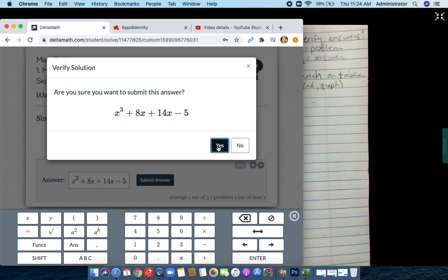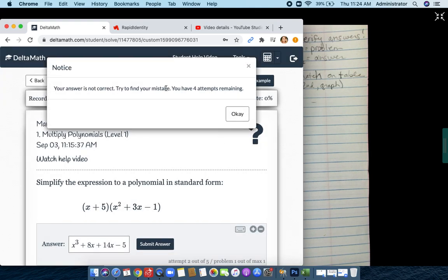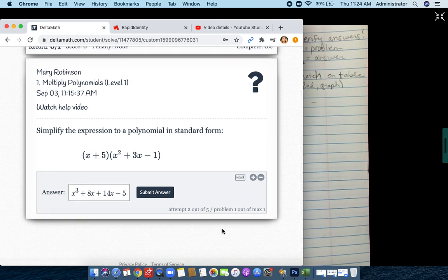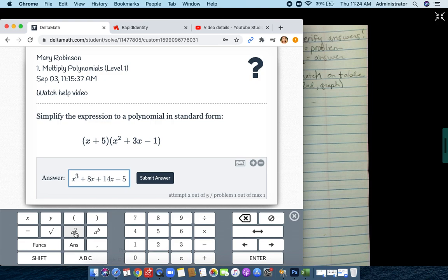But notice also that you have 5 attempts. Did I not type something in right? X cubed. Oh, I forgot my squared. See, and that's where it can be helpful. That's my fault. So right here, I forgot my square term. So I'm going to go in here and just hit the a squared button to square that. But see how it says attempt 2 out of 5?